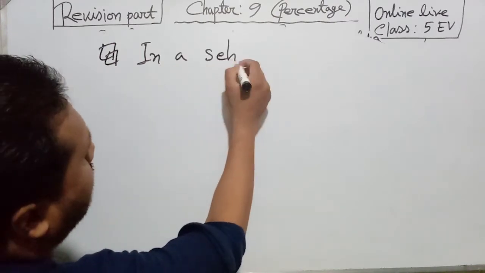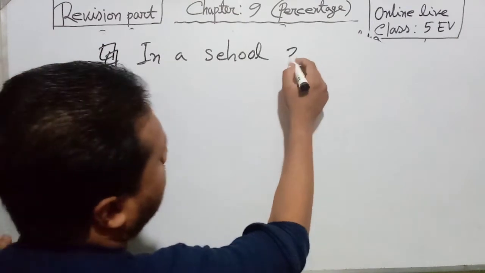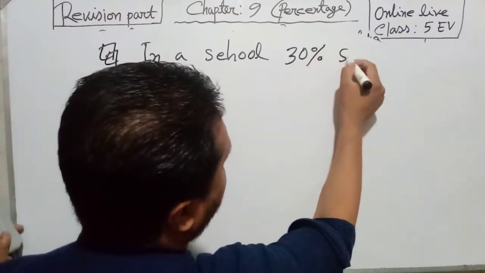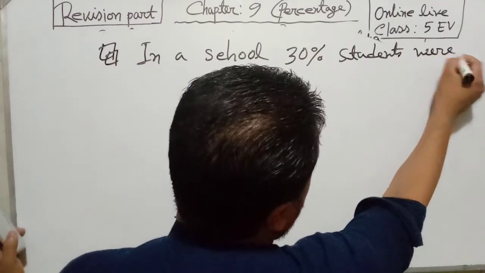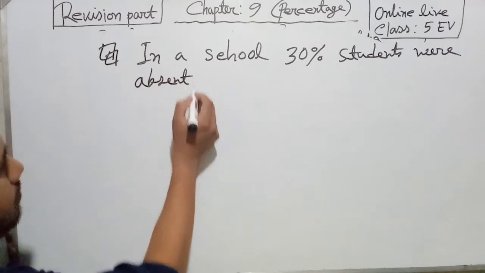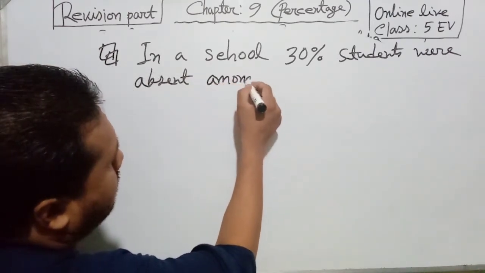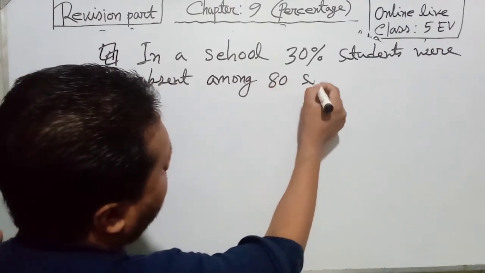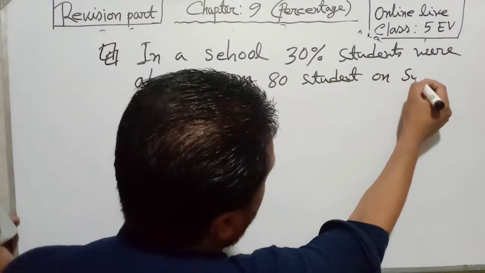In a school, 30% of students were absent among 80 students on Sunday.